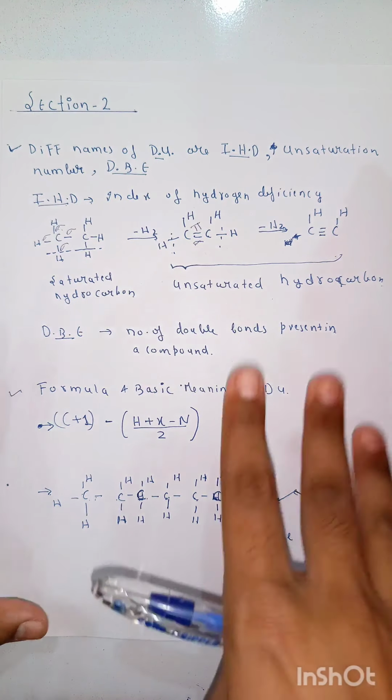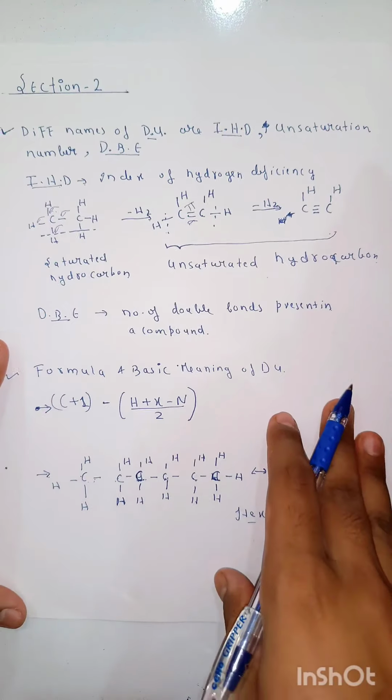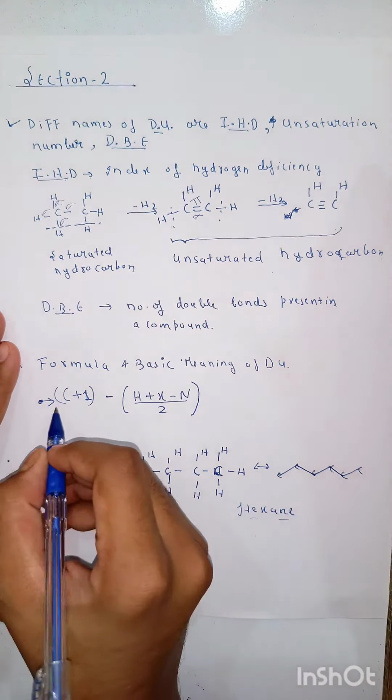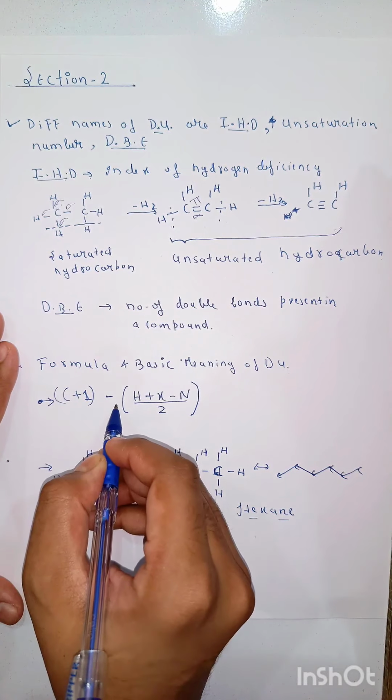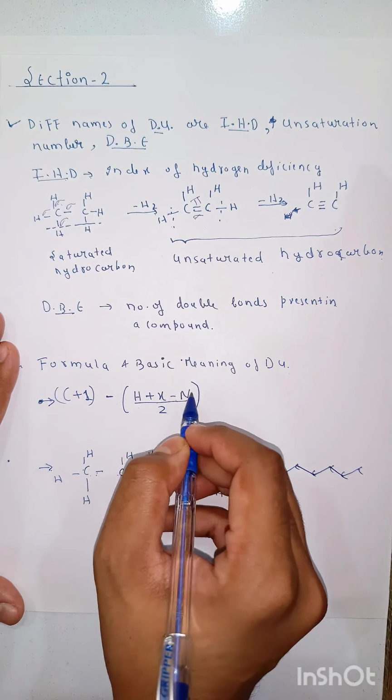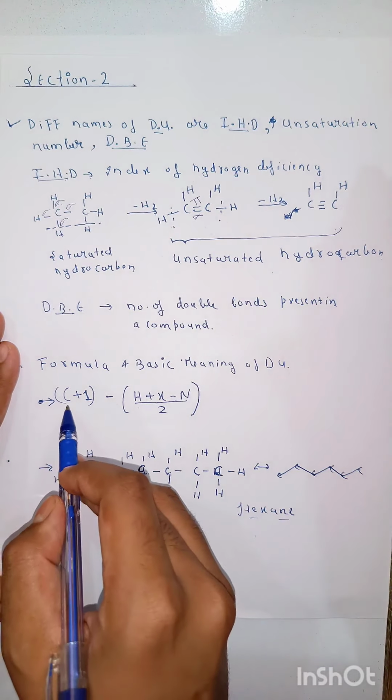The formula to calculate degree of unsaturation of any compound is: C plus 1 minus (H plus X minus N) divided by 2. So what is C?